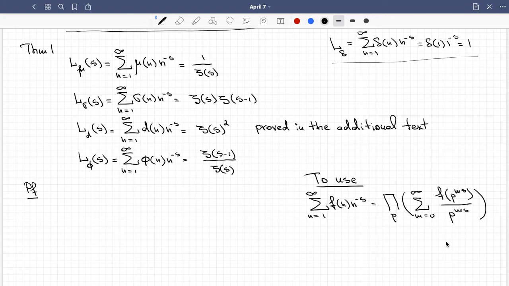So this proof, which I will show you now, you may also read in the additional text, and it demonstrates how useful this decomposition is.